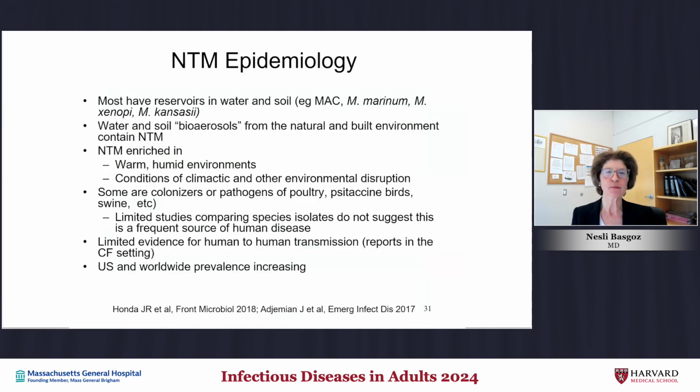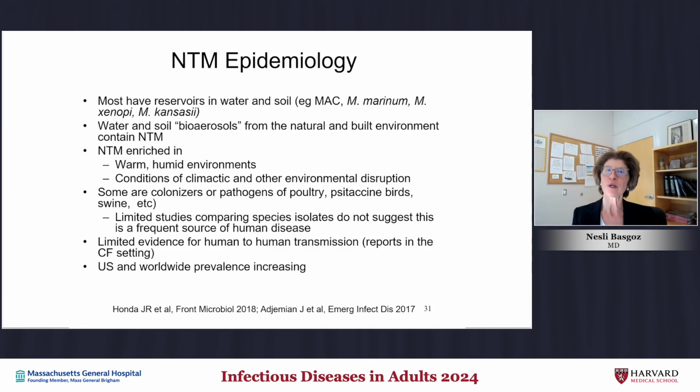Most of these organisms have reservoirs in water and soil, for example, MAC, marinum, xenopi, kansasii. Water and soil bioaerosols from both the natural and built environments, so water supply included, contain NTM. They are enriched in very warm and humid environments, high water pressure, and also conditions of climactic and other environmental disruption.